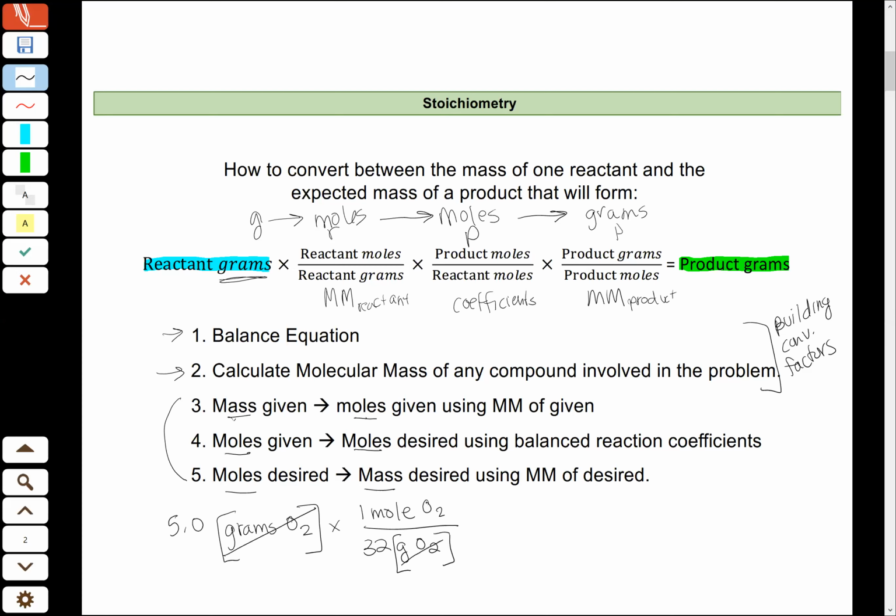And then when I'm looking at a mole ratio of coefficients, and I'm just making this up as I go here as an example, say I'm converting into water and I'll have 3 moles H2O for every 1 mole O2, which actually probably doesn't make sense.